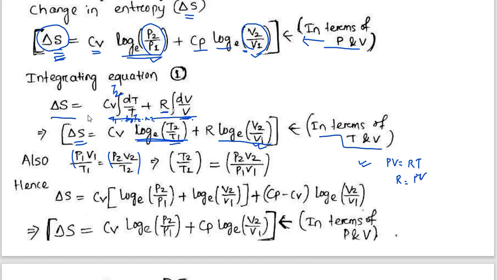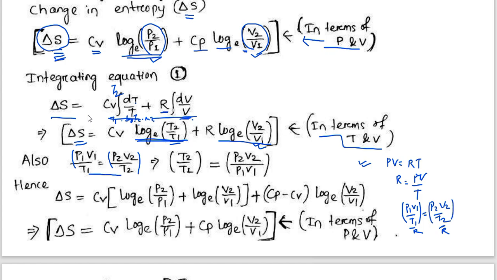R equal to PV by T. R is always constant. So we can write P1 V1 by T1 is equal to P2 V2 by T2, because this part is also R, this part is also R.